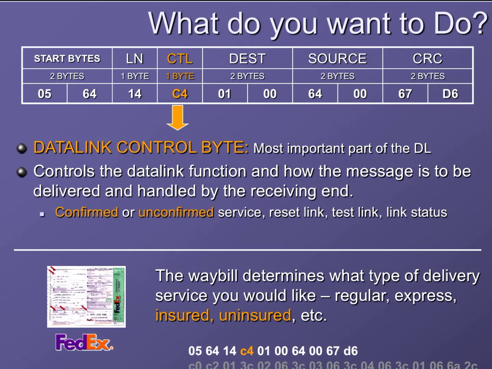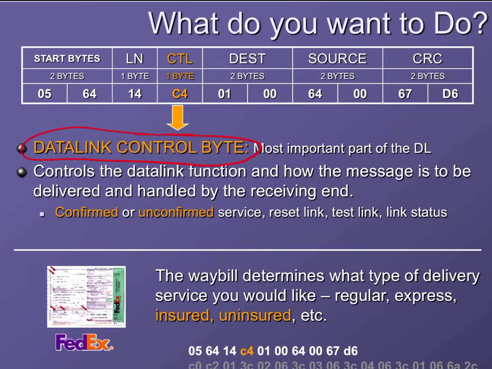But this is indicating the function of the DataLink header. So this has got to be mentioned: we're not going to find reads and writes of object types here, but we're going to be indicating what it is the DataLink header is trying to do.